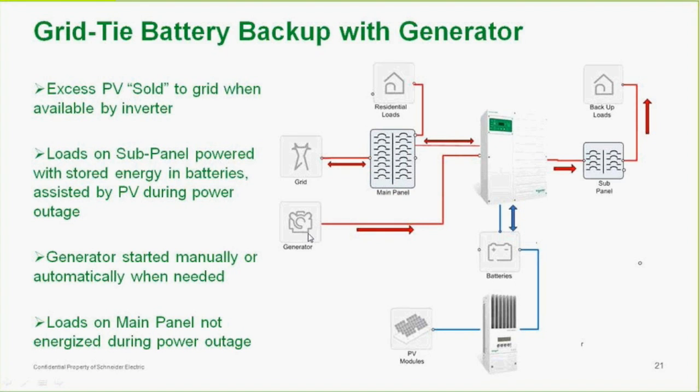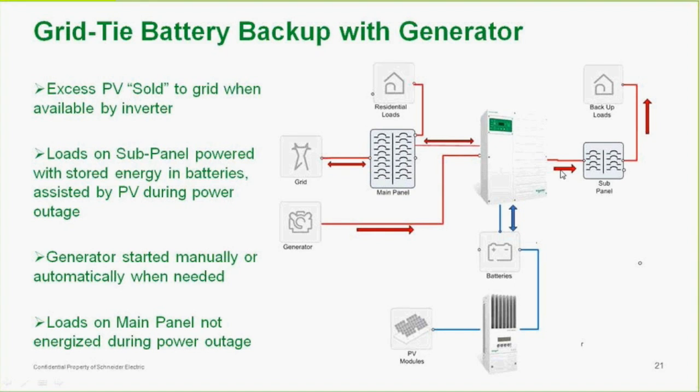Now, one thing you could do a little bit differently here, if you have a large enough generator, and I've seen done quite often, is as opposed to running the generator into the AC2 input, you can actually do a transfer switch, and most people that already have a generator have a transfer switch already, powering the main panel. In that case, when the grid goes out, the generator can start, power the main panel loads, and while the generator's running, charge the batteries and the sub-panel loads, then you can turn off the generator and run just your sub-panel loads.